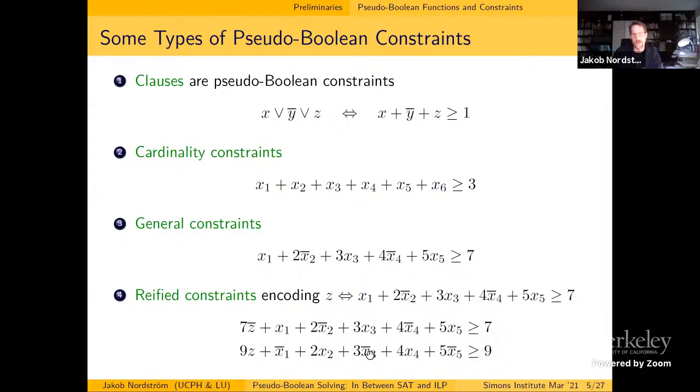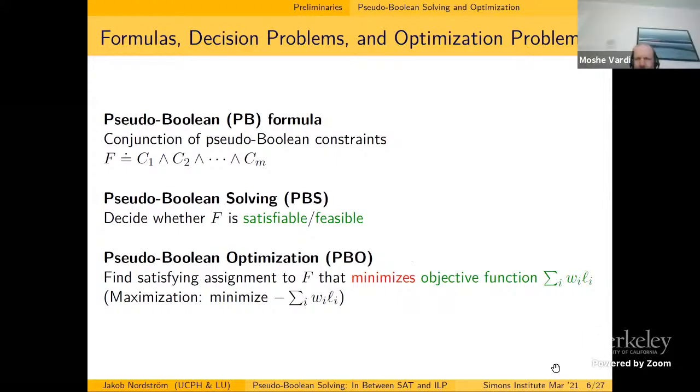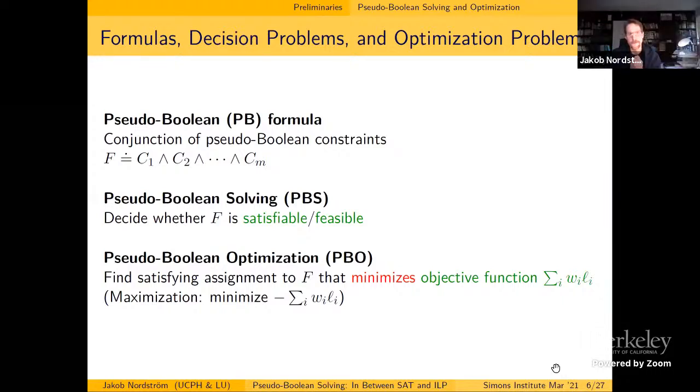I won't go too much into the details, but the first line is the easiest one to see: if Z is true, this indeed forces this constraint to be true. And if you look at the second line and think a bit more, you realize that Z false will actually force this constraint to be false. So pseudo-Boolean constraints are expressive and nice to work with. And so the input that we have is then pseudo-Boolean formulas, just conjunctions of such constraints.